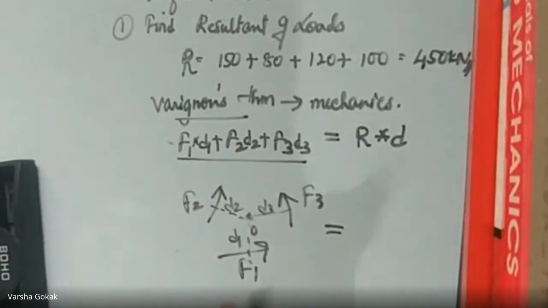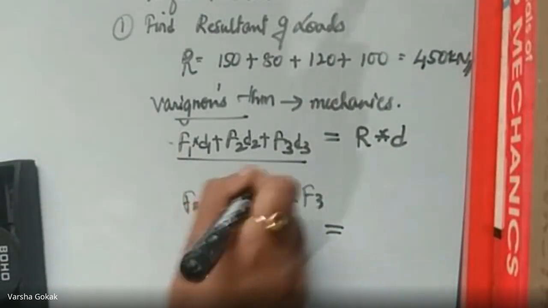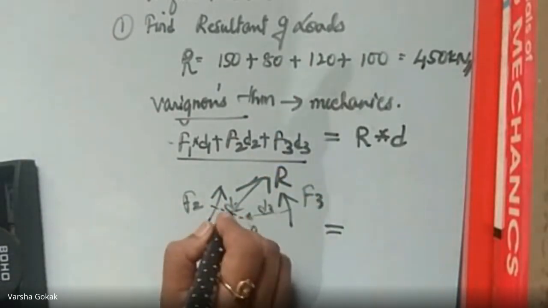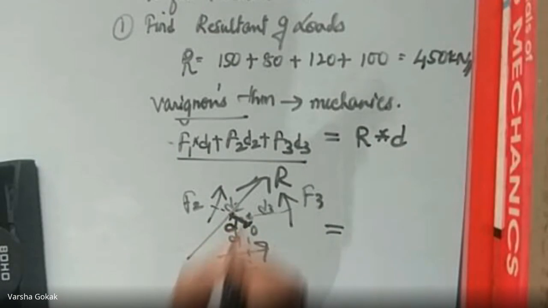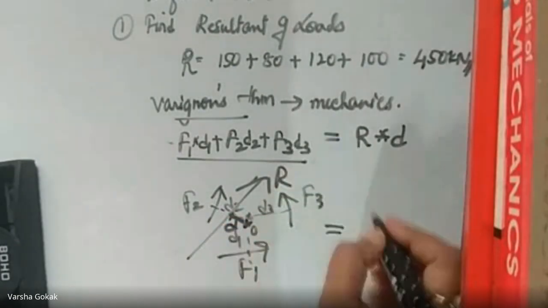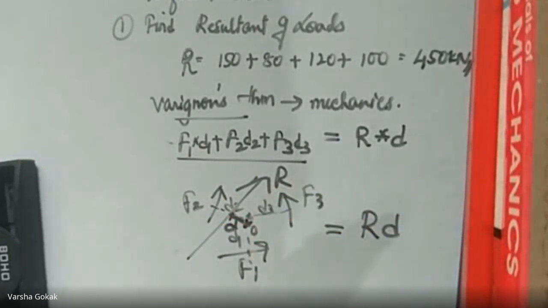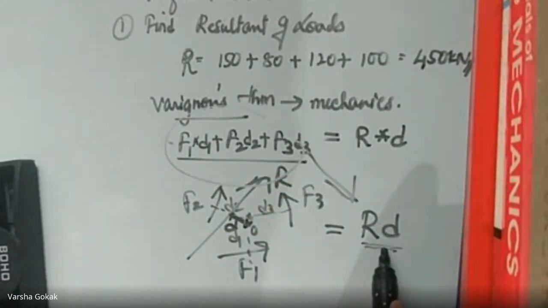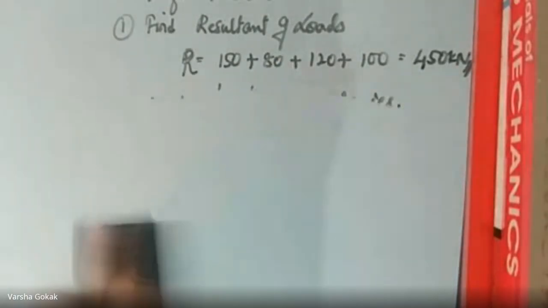This is going to be equal to the resultant of all this. The resultant is going to act somewhere here, at some distance d from that point where you took the moment. So R into d will be equal to the moment of the resultant about the same point O. This is Varignon's theorem.